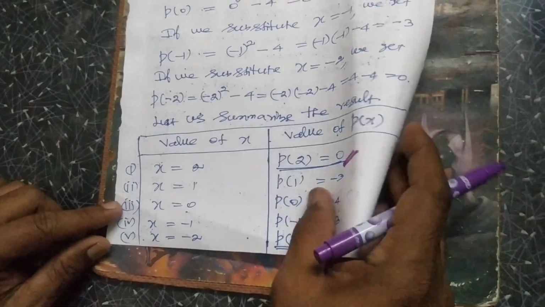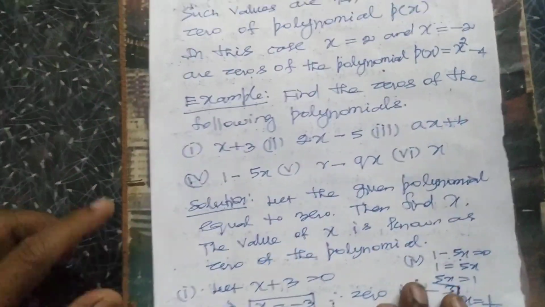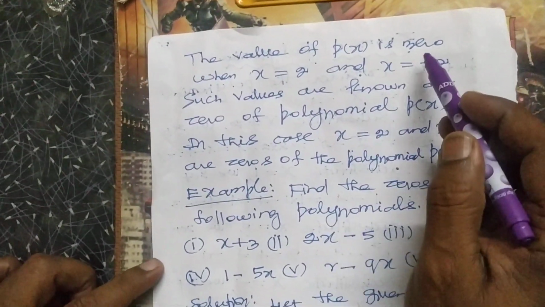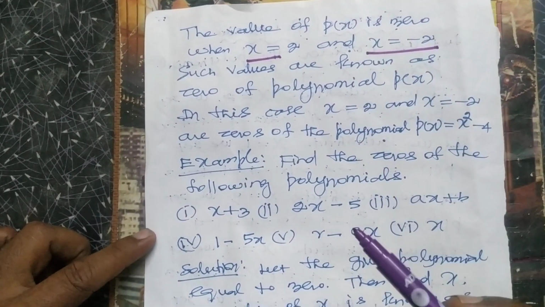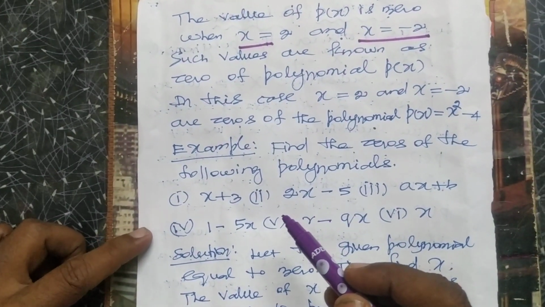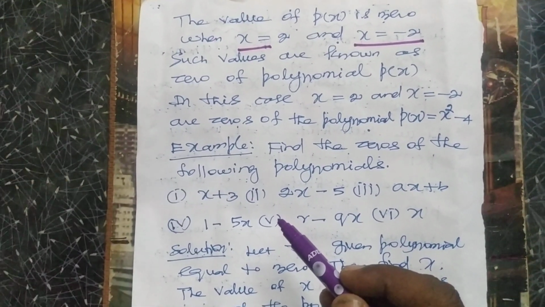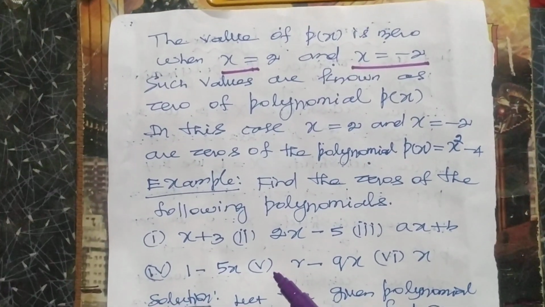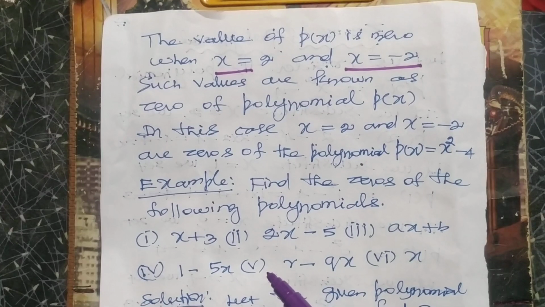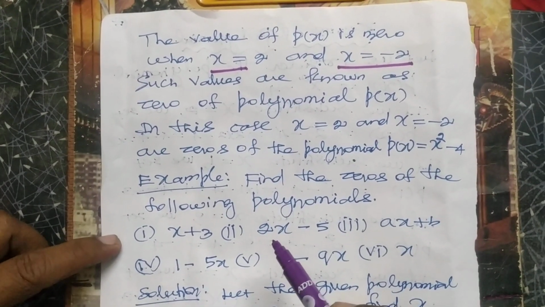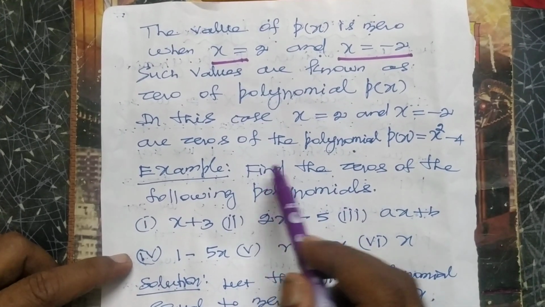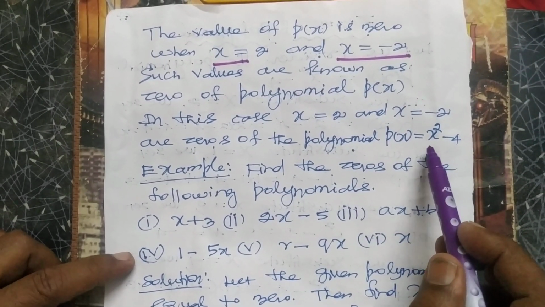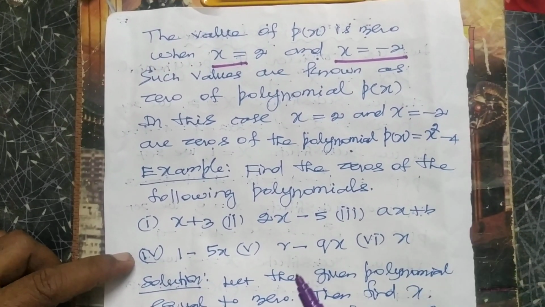The value of p(x) is 0 when x = 2 and x = -2. For whatever value of x the given polynomial becomes 0, that is known as a zero of the polynomial. In this case, x = 2 and x = -2 are zeros of the polynomial x^2 - 4.